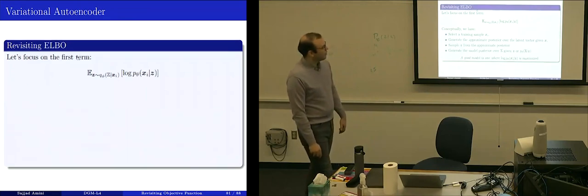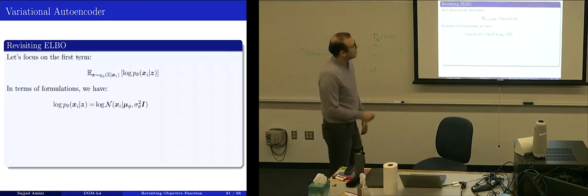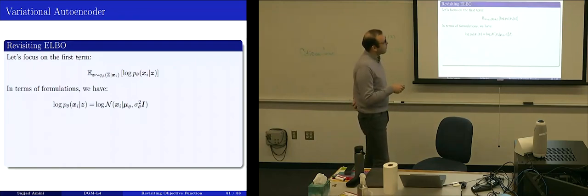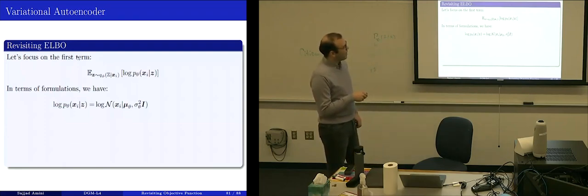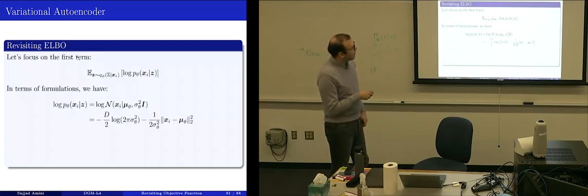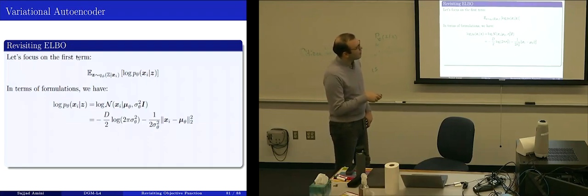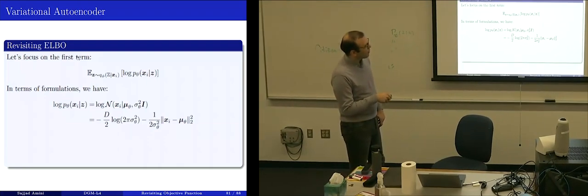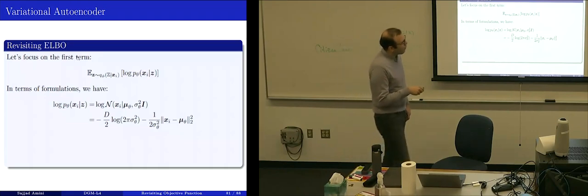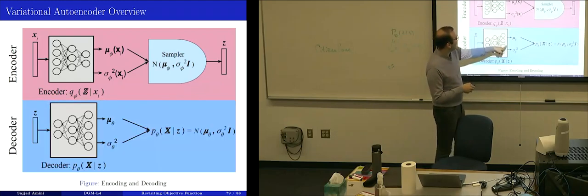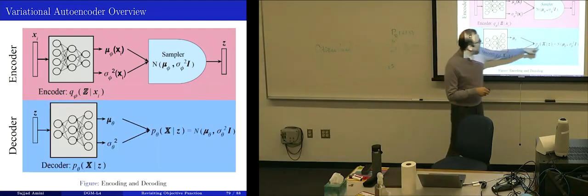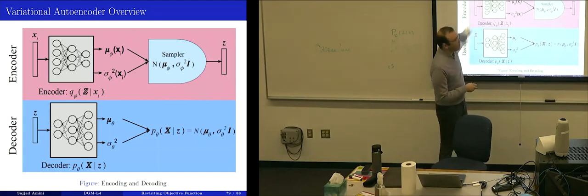Okay, this is the procedure we talked about, and just assume that the conditional over the observed given the latent is a normal or Gaussian distribution. Then the log of p theta of x given z takes this form, and this form is very intuitive because you update your parameters such that the mean of the distribution here is as near to your data as possible.